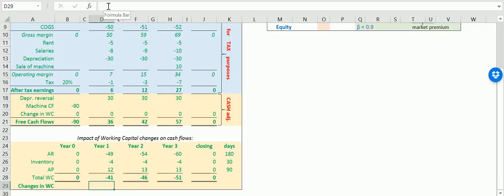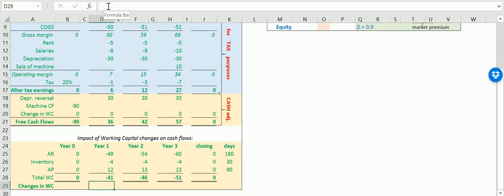You see that I put in here 0 and in the closing I put 0, and that's an assumption I'm making here because I'm assuming that we started off with 0 in accounts receivable, inventory, and accounts payable, and in the same way I assume that at the end of the project we're going to liquidate everything.